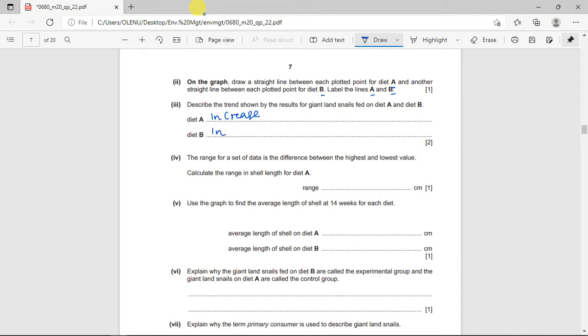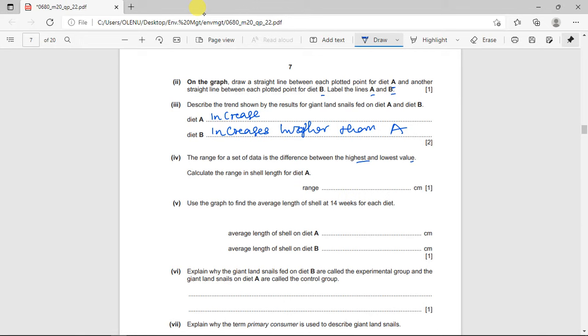This also increases. B is higher than A.